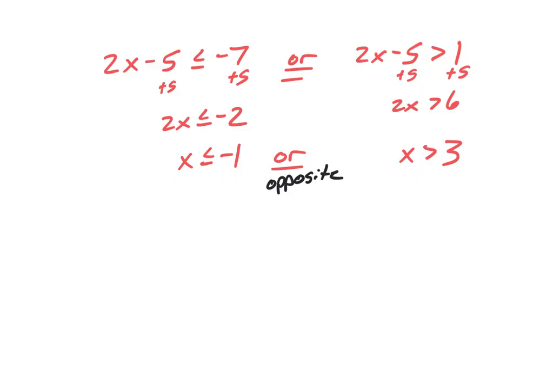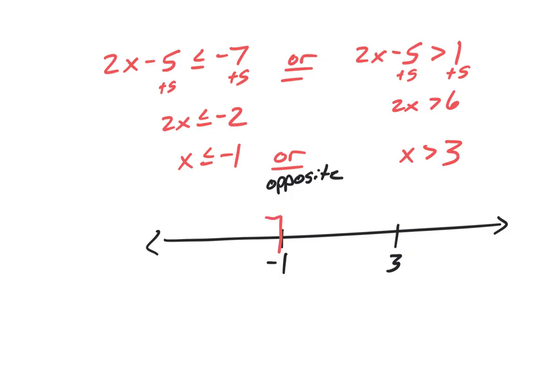Okay? So if we were to graph this one, we're going to start by putting -1 and 3 on the number line. -1 is going to be a closed circle going to the left, or I should say bracket, not closed circle, but same thing.